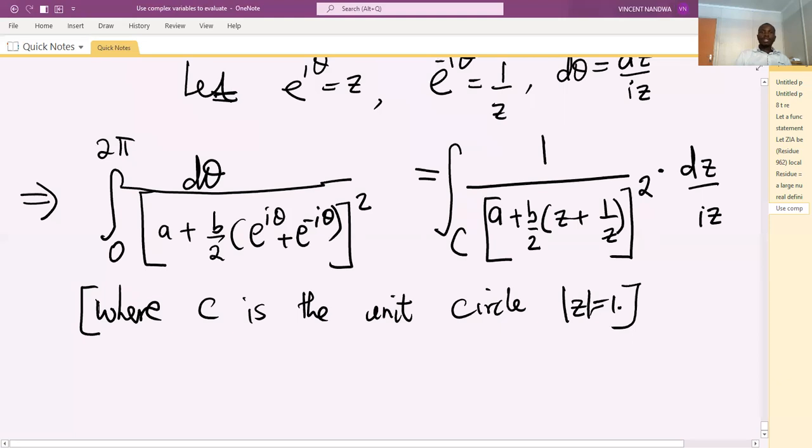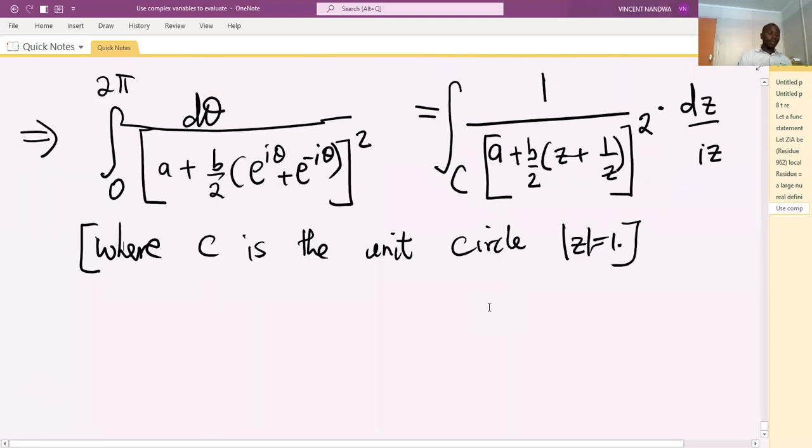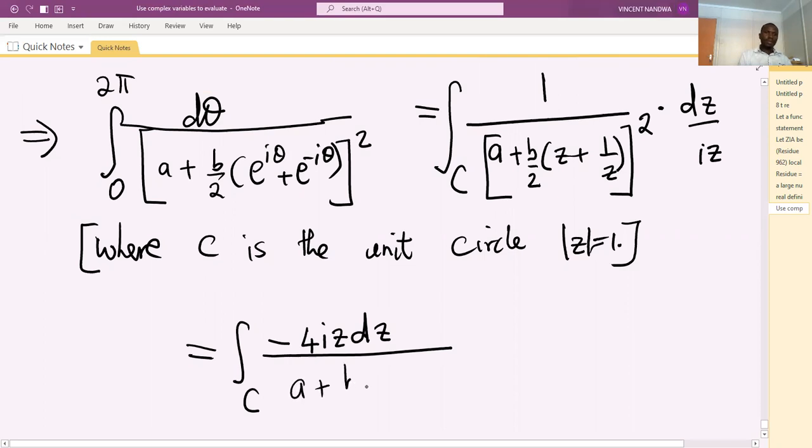So the next step on simplification, we will get the integral along C of minus 4iz dz divided by (a plus bz over 2, and then multiplying here we get b over 2z). So we are squaring this.